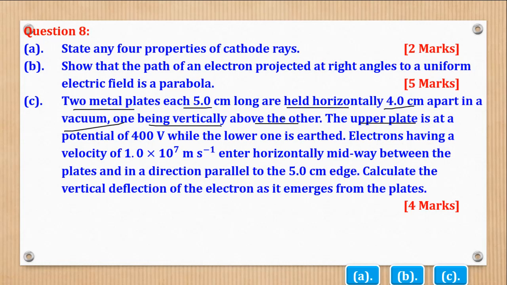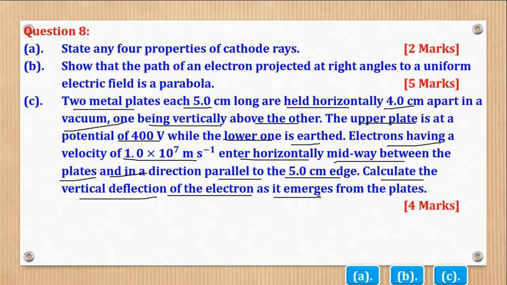The upper plate is at a potential of 400 volts, while the lower one is earthed. Electrons having a velocity of this enter horizontally midway between the plates and in a direction parallel to the 5 centimeter edge. Calculate the vertical deflection of the electron as it emerges from the plates.